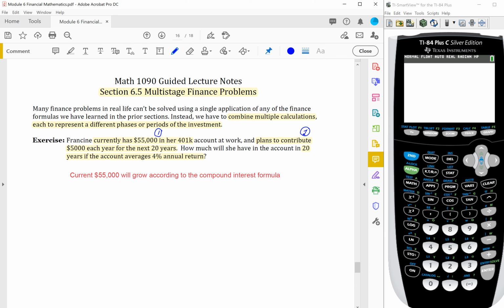The formula I'd like you to remember with this is that A, the amount that an account has in it, is equal to your initial principal that you start with, times 1 plus your interest rate given as a percent, divided by K, the number of compounding periods per year, raised to the KT.